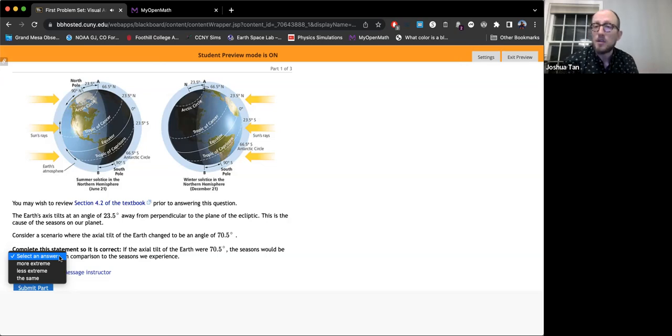If the axial tilt changed, those tropics and those polar regions can get smaller or bigger, depending on whether the axial tilt is bigger or smaller. There are even situations where you can end up with parts of the polar regions and the tropics coinciding with each other. Really, really interesting stuff.